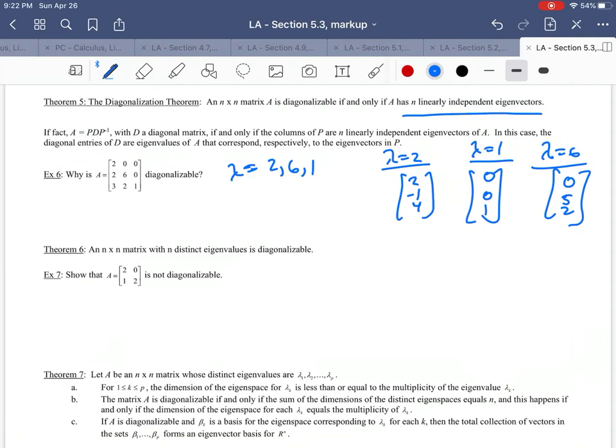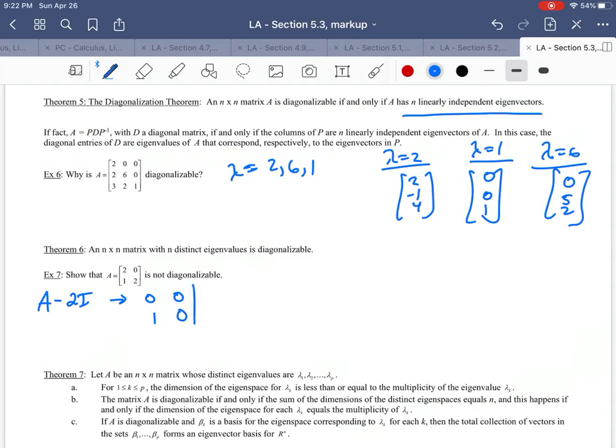When I use 2 as my eigenvalue, if I do A minus 2 times I, I will get 0, 0, 1, and 0.